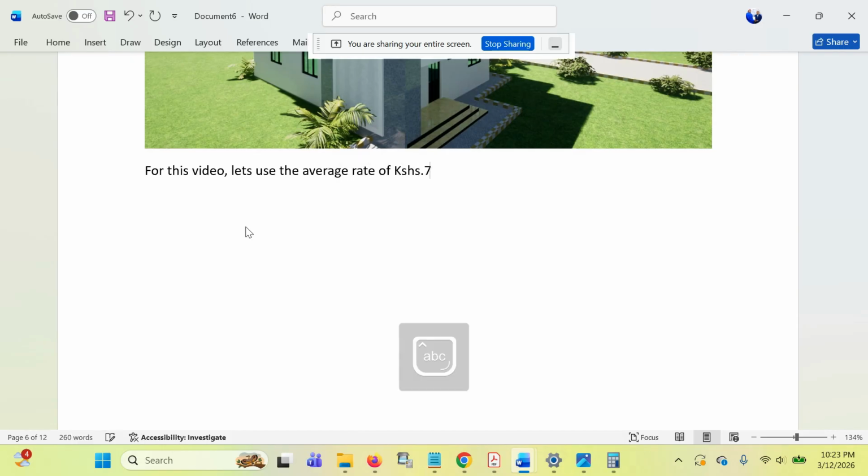Now, where does that take us? Let's say for this video, let's use the average rate of Kenya shillings 70,000 per square meter of a standard low rise apartment.